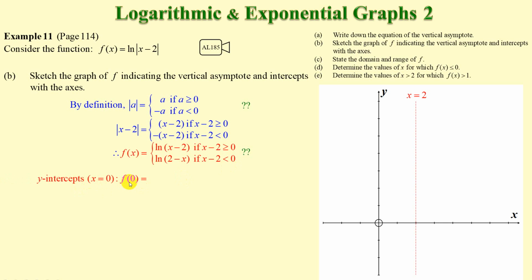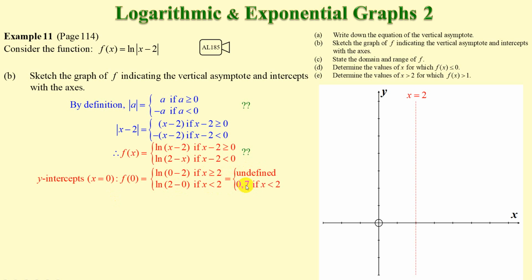Y-intercepts, f of 0. Now remember that this is what we're going to use now for substitution of that. In fact, f of 0, well, there we are, we substituted into there. Ln of negative 2 is undefined, so that can't be the case. And ln of 2, if x is less than 0.